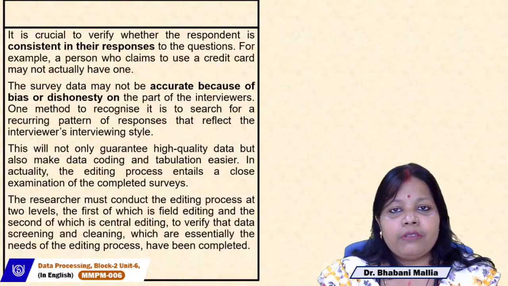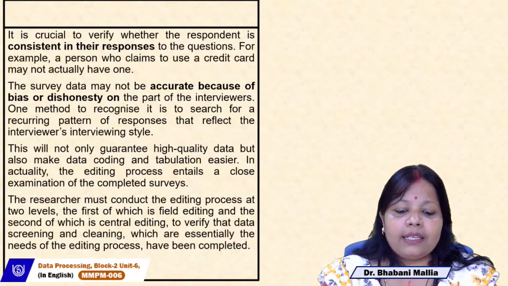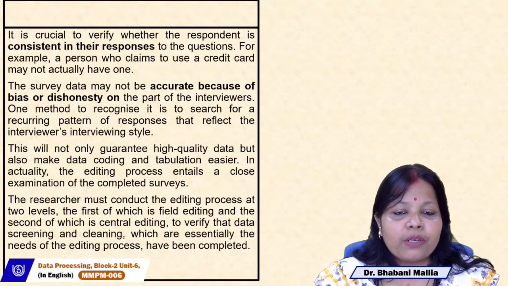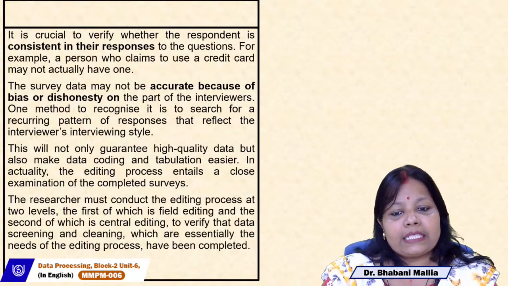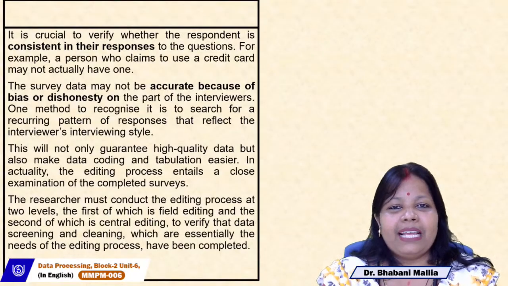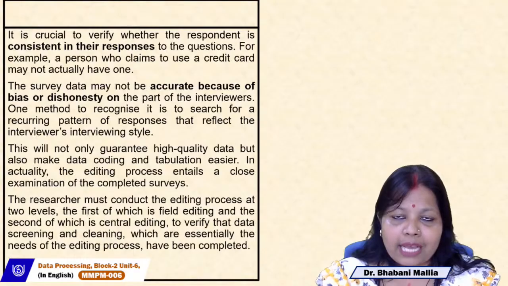So what will the interviewer or investigator do in that situation? He will put in information which is actually not collected from the respondent, but is filled in by the investigator himself, giving information which is not actually correct.